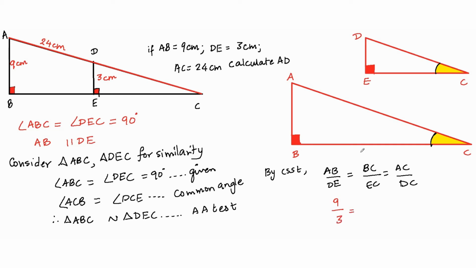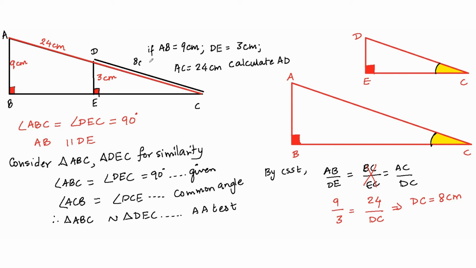By the way, we don't care about BC and EC, so let's drop that ratio. We do have AC is 24 and therefore I can find DC. So from this, I will conclude that DC can be found out as 24 times 3 by 9, which is 8 centimeters, right? So this particular length, DC, is 8 centimeters.